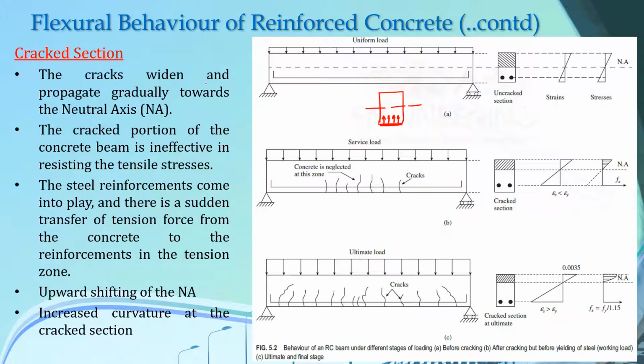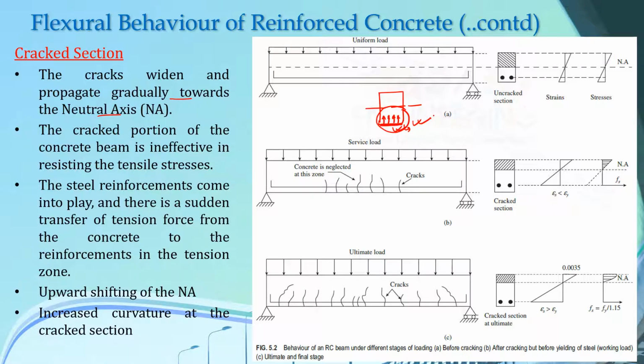So the cracks widen and propagate gradually towards the neutral axis. The cracked portion of the concrete beam is ineffective in resisting the tensile stresses. So whatever small tensile capacity our concrete beam has, as these cracks appear, that tensile capacity vanishes.